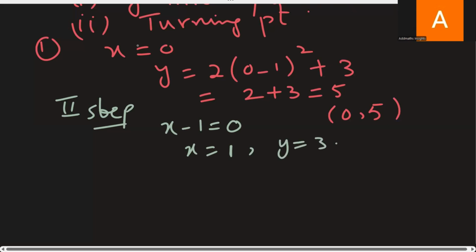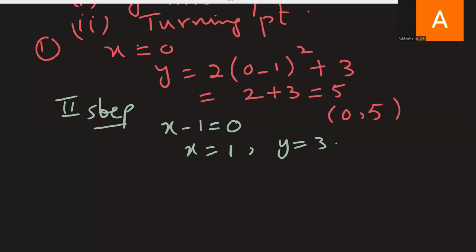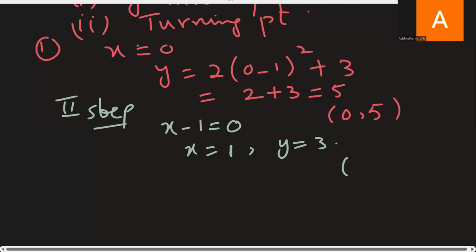So how to find the turning point? You write x minus 1 equals 0 and find the value of x. Then back substitute this value in the original equation and you get the value of y, which is 3. So this is how you find the turning point, which is 1 and 3.